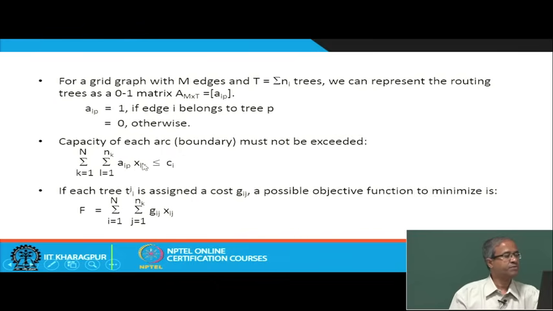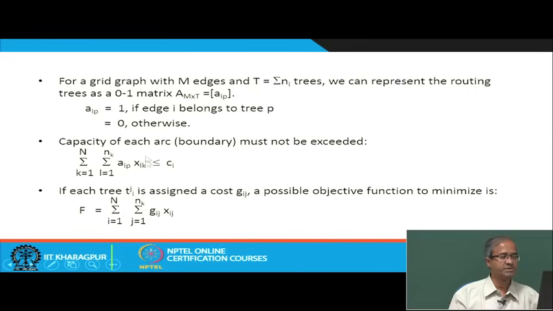So, only for one of them it will be 1, for the rest there will be zeros. So, you see the total number of edges that we are taking should not cross the capacity. Okay. This is actually for all the nets, not for one, for all the nets.